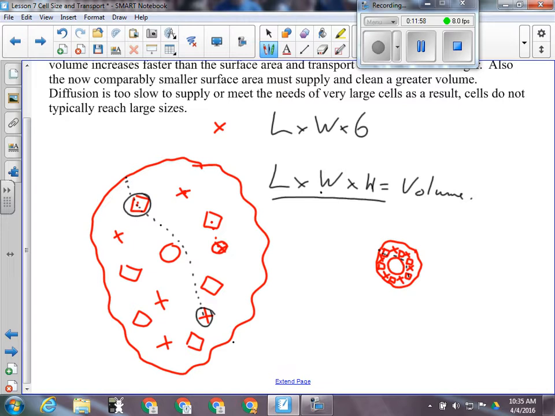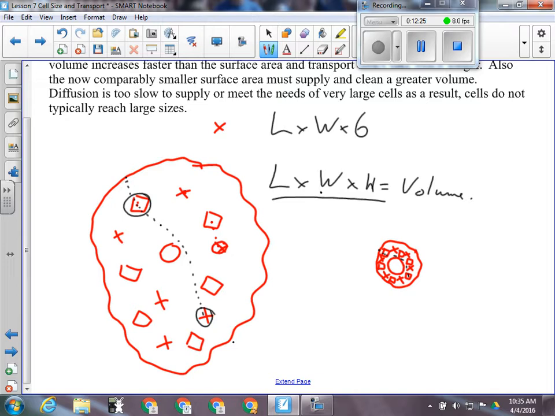It would be, instead of 10 times 10 times 10, 100 times 100 times 100, instead of 100 times 100 times 6. So volume increases faster than surface area as a cell grows. The cell's surface area can't supply the greater volume with materials fast enough, and diffusion can't move through the increased volume fast enough, and then a cell becomes inefficient and dies.